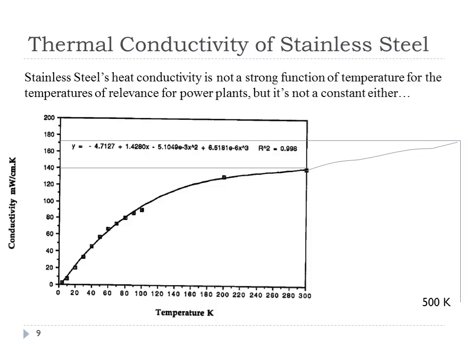But once you get to 300 degrees Kelvin, the conductivity is about 140 milliwatts per centimeter Kelvin, whereas when you get out to 500 Kelvin, it's only about 170 milliwatts per centimeter Kelvin. So it is a function of temperature, but you can fairly safely just take the average value, and the equation above will be valid. So when you're using conductivity, use the average value between the temperatures on the heat exchanger.